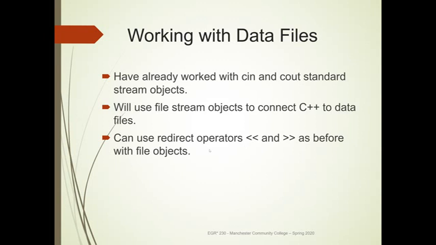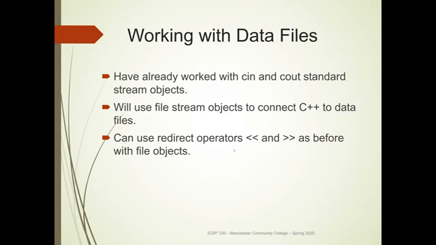We use the same thing, except what we create is a file object. Also, when we want to write out, instead of writing out to the display, we use the same redirection operator, and we write out to the file object, which is connected to our output file.